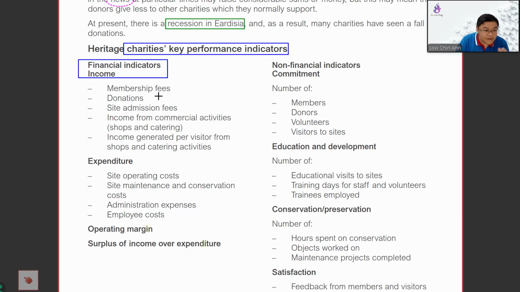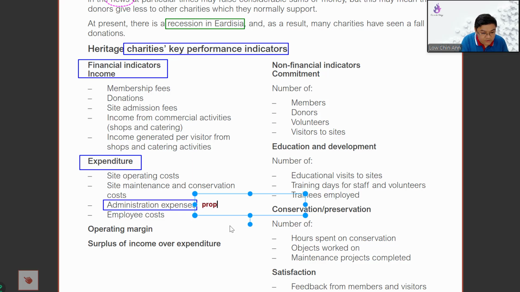The membership fee, donations, all that. Expenses, these are the expenses that they just highlighted to us. And one thing we have to bear in mind is the proportion, not too high. For administrative expenses, if you see the trend going up, then you've got to be careful. Okay, whether they have any operating margin or any surplus of income over expenses.